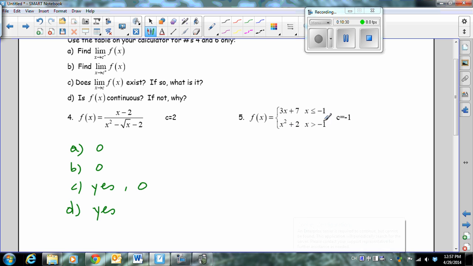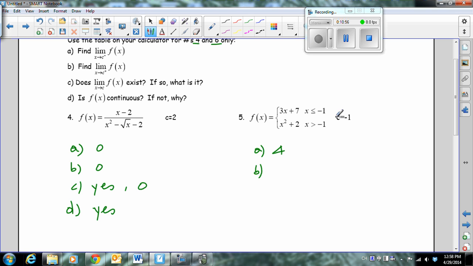I'll go ahead and plug this now on my calculator. Actually, we do not need to plug this on the calculator, because it says for number 4 and 6 only. So let's go ahead and look at limits. From the left of -1, meaning I'm using the top equation, if I plug in -1, 3 times -1 is -3 plus 7 is 4.